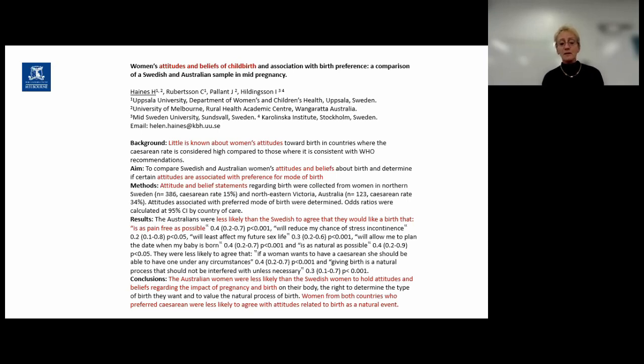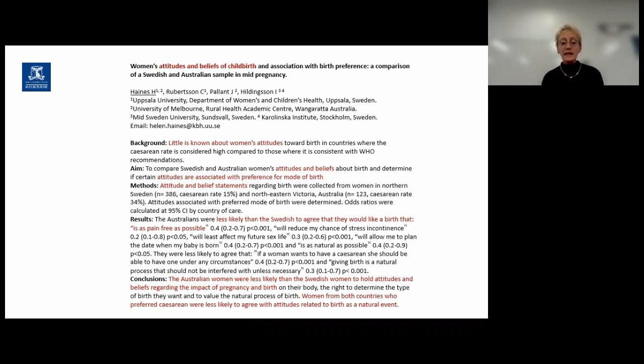This project was again comparing women from 2 different countries, their attitudes and beliefs, attitudes that are associated with preferences for mode of birth, attitude and belief statements. Australian women were less likely than Swedish women to agree they would like a birth that is as pain-free as possible.